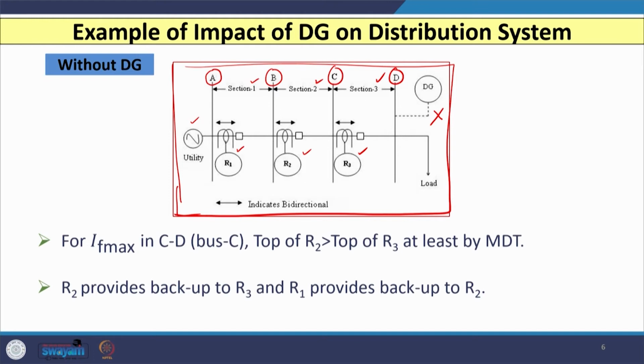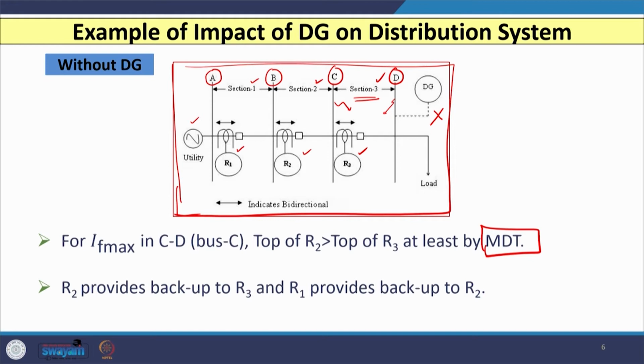So, when we talk about a fault in the third section, the CD section, whenever a fault occurs at bus C, the fault current is maximum compared to a fault at bus D. For section CD, what we want is that the operating time of relay R2 should be greater than the operating time of relay R3 by some margin, and that margin we can call the minimum discriminative time, or the coordination time interval, CTI.